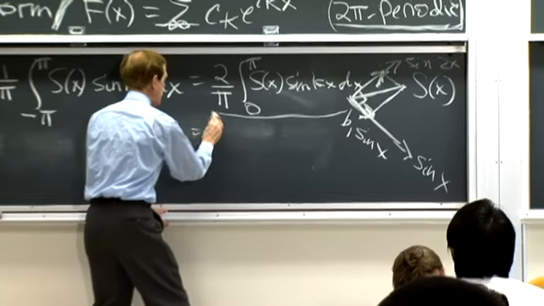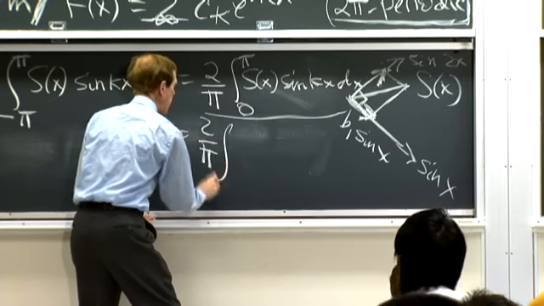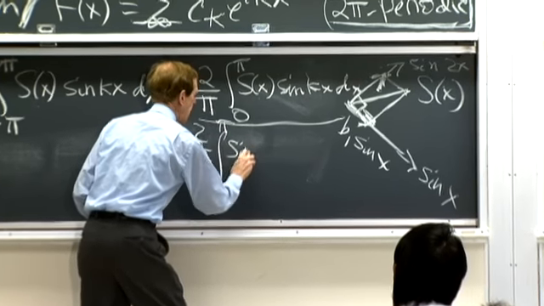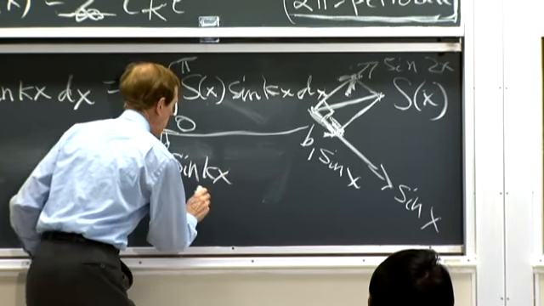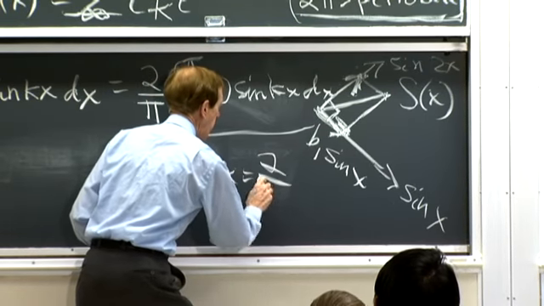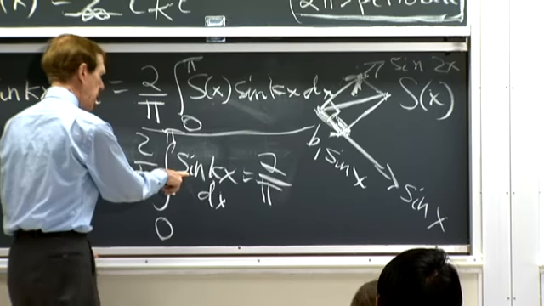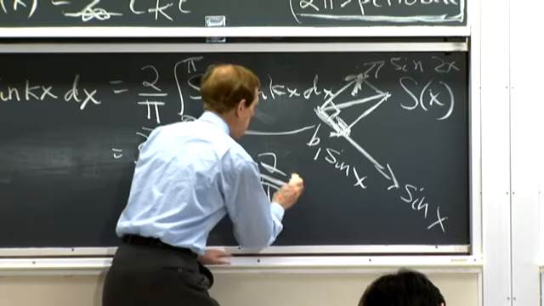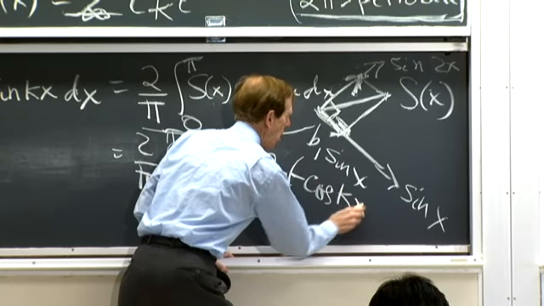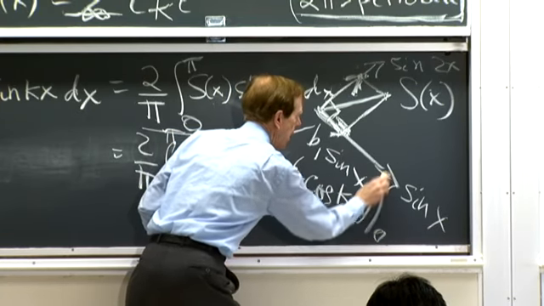So s of x is 1, so I want 2 over pi, the integral from 0 to pi of just sine kx dx, right? So I've got 2 over pi. Now I integrate sine kx, I get minus cosine kx, right? Between 0 and pi.